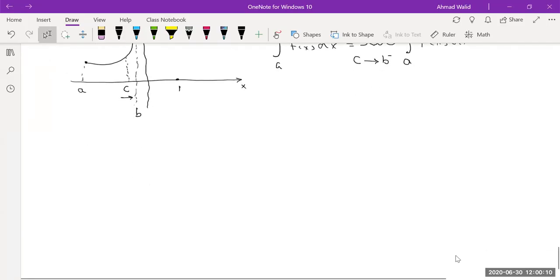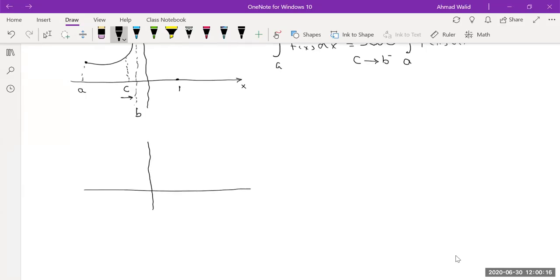Or if I show you another graph, because all of these graphs are one case. I have, for example, something maybe like this, and here I have another vertical asymptote.